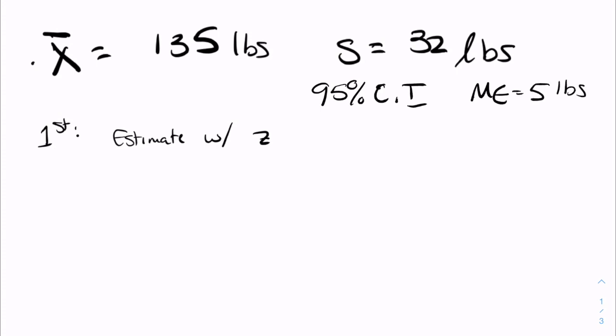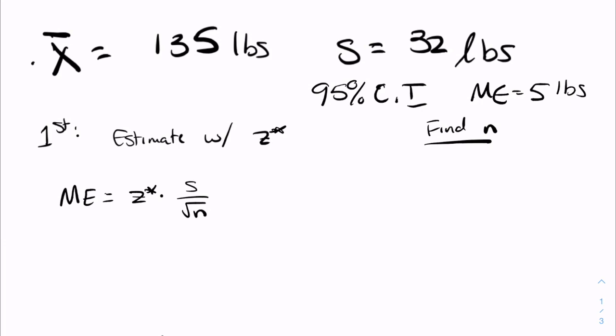So we first are going to use z and z star to estimate t star to get our sample size. So finding n is the objective. First we're going to use z. We know that margin of error equals z star times s over the square root of n.